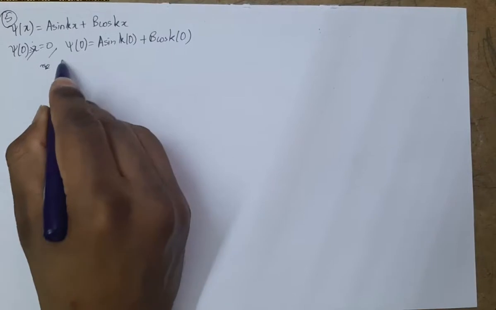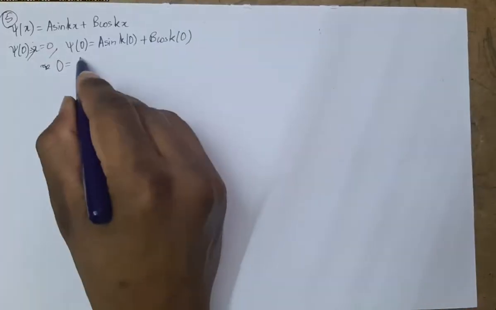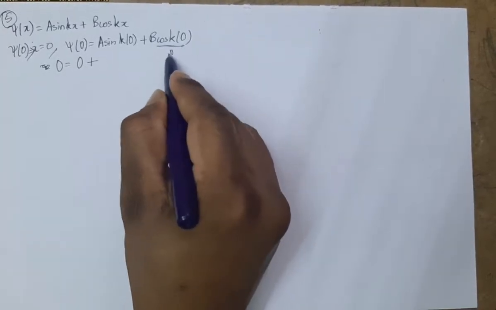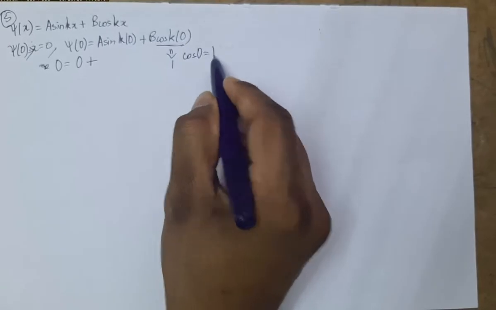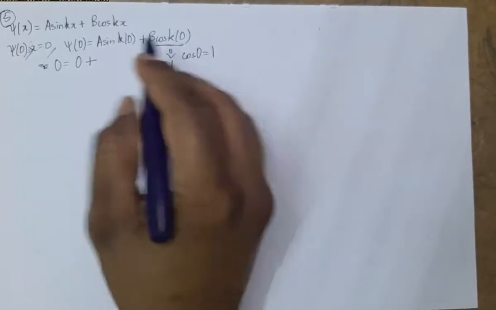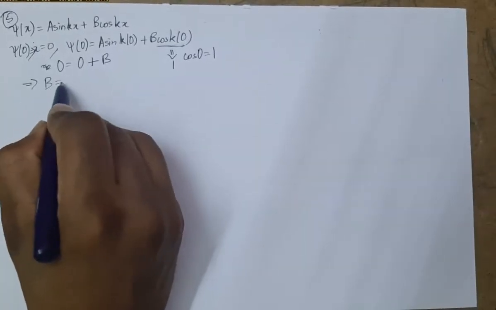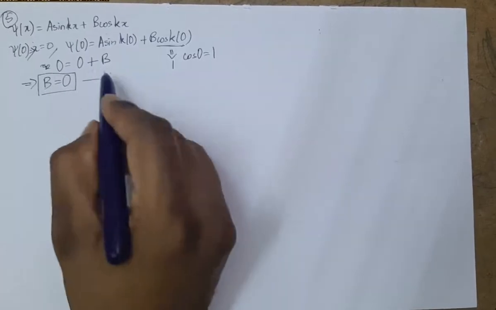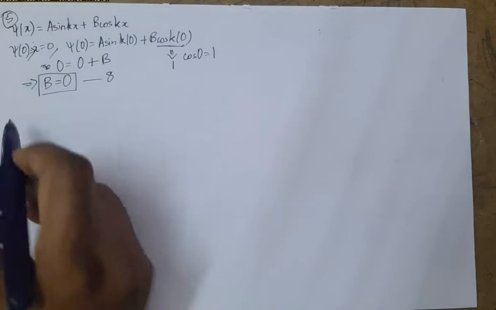We know that psi of 0 is 0, so 0 equals a times sin 0, which is 0, plus b times cos 0, which is 1. So this will be b, which implies that the value of this constant b is 0. Let's put this as equation 8.